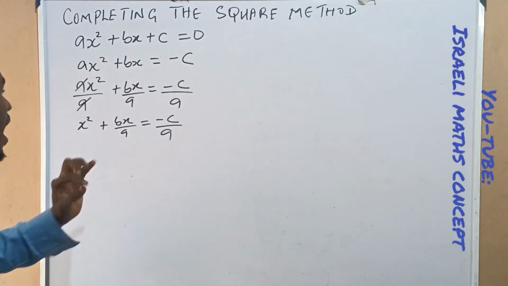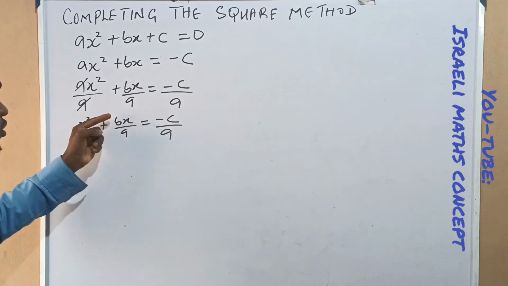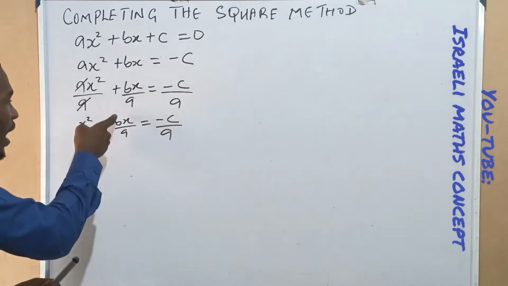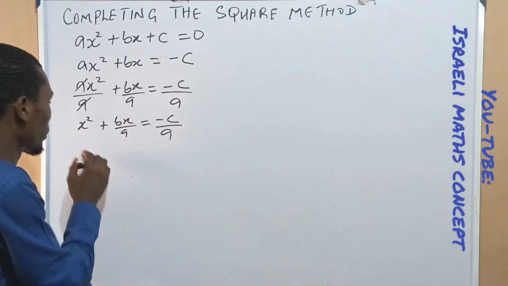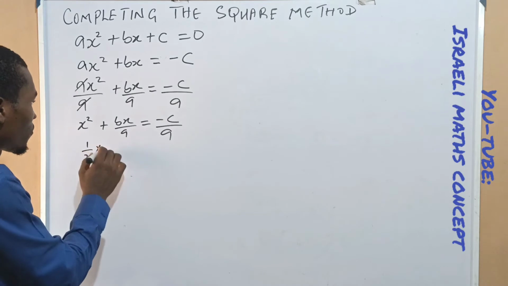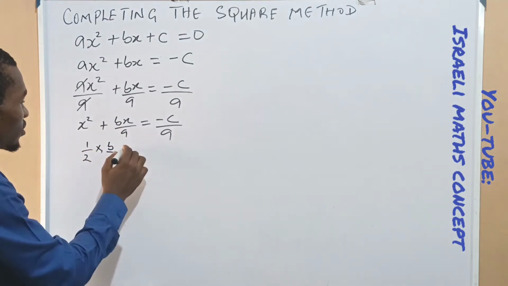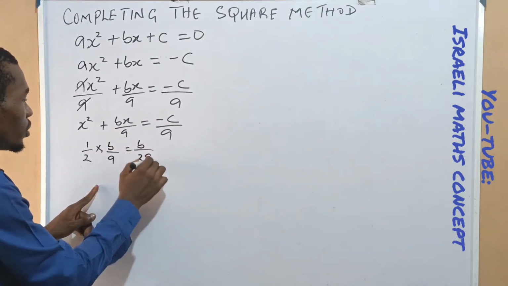We now want to halve the coefficient of x, and the coefficient of x here is b over a. So halving it means looking for half of b over a, which is b all over 2 times a, that is 2a.